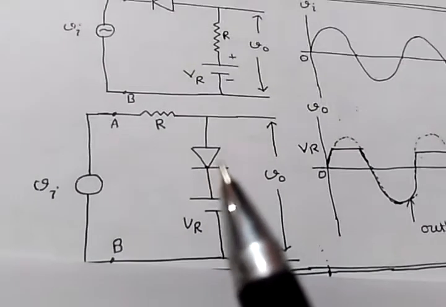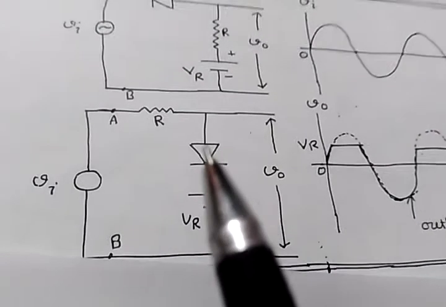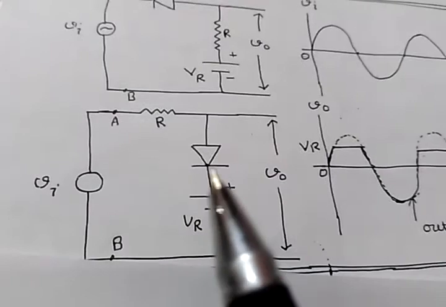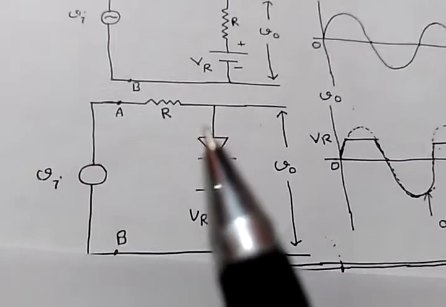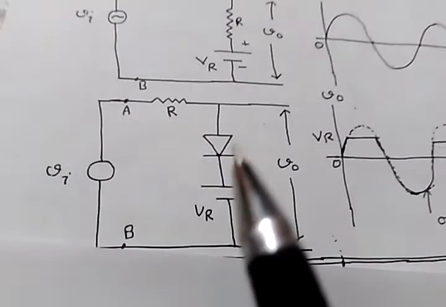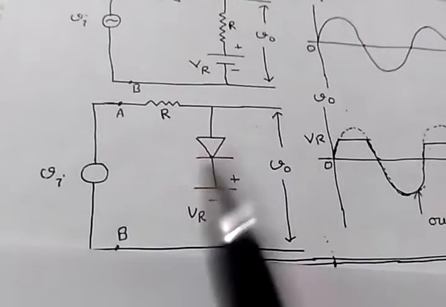In this case, this diode will be in reverse biased condition because the P region is at lower voltage than the N region. When the P region is at lower voltage than the N region, the diode will be in reverse biased condition. It can be replaced by an open circuit.